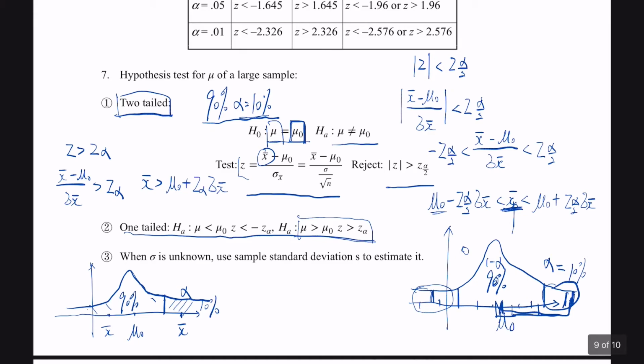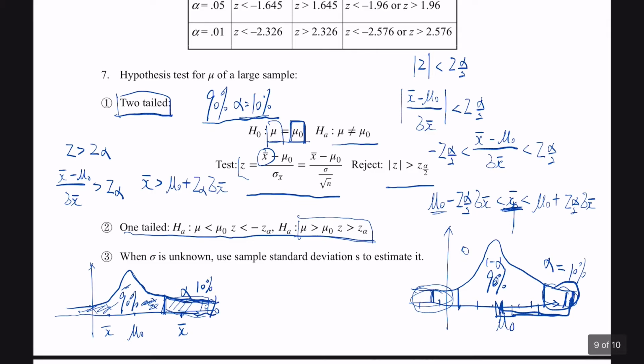Because if you take a look at this graph, you need to make the area of this 90%, but you only have one tail left here. But in the two-tail test, you have two tails. So the z-score can be larger than in the one tail, because you are assigning all the area, all the 10% to one side.